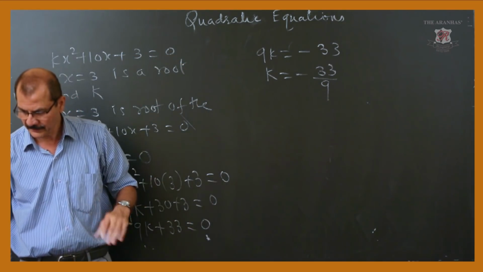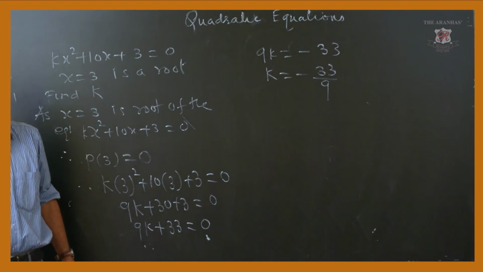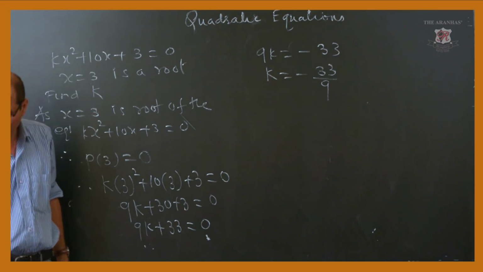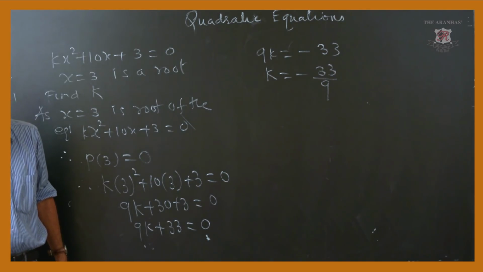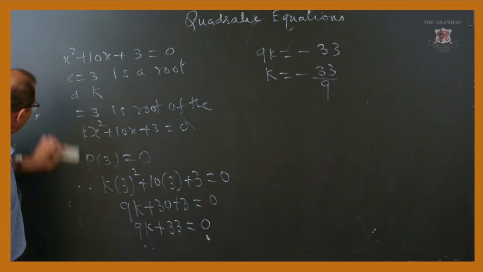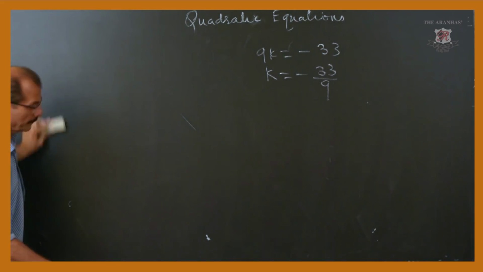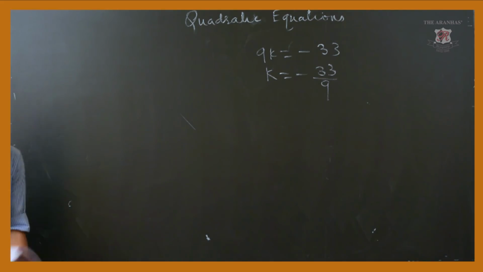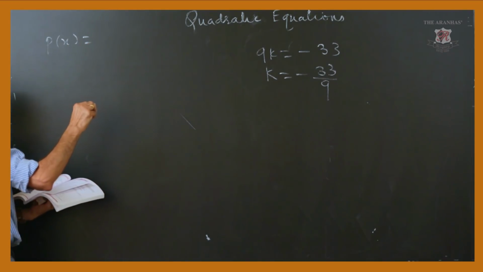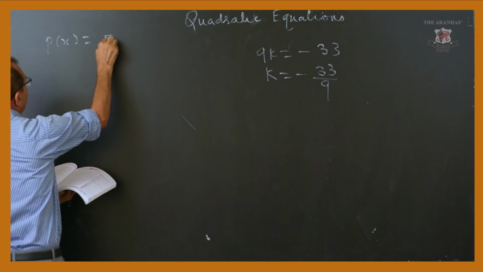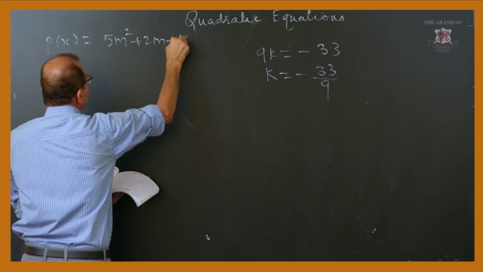We will do one more sum and then we will stop. This is question number 6 from your textbook, page number 34. One of the root of the given equation. So, equation is given to you. So, here the polynomial p of x is given to you as 5m square plus 2m plus k.